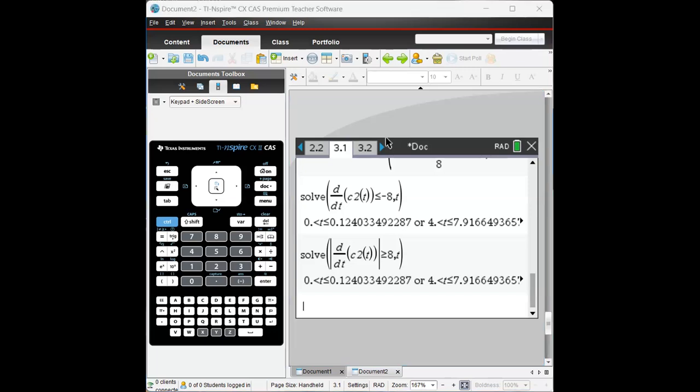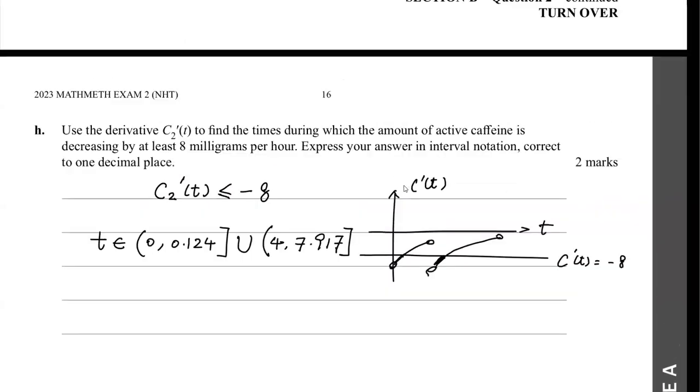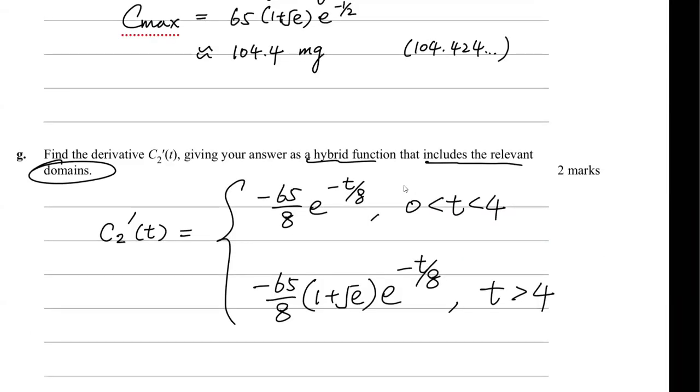Okay, I'll show you what I'm going to write down. These two open brackets inherited the point of discontinuity on the gradient graph.